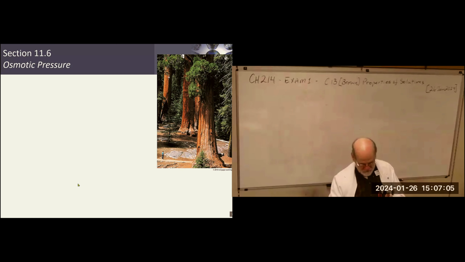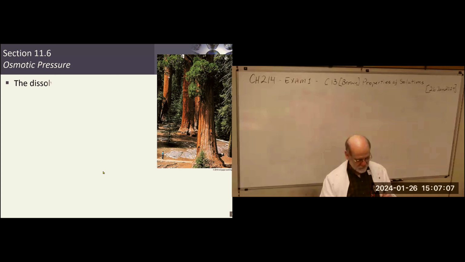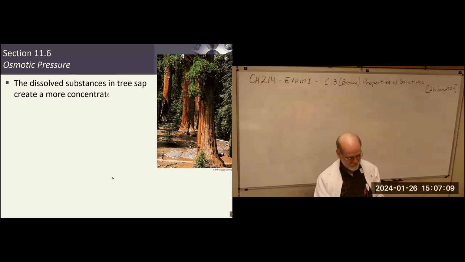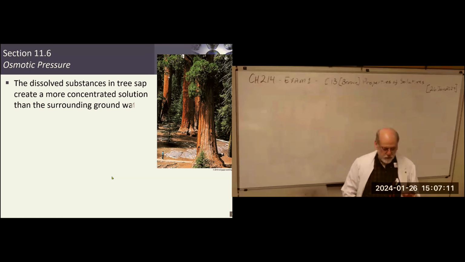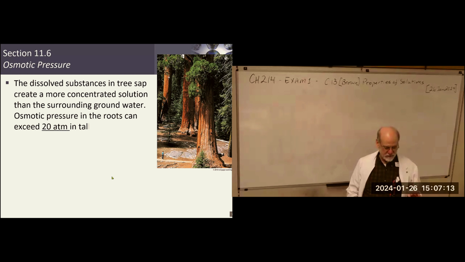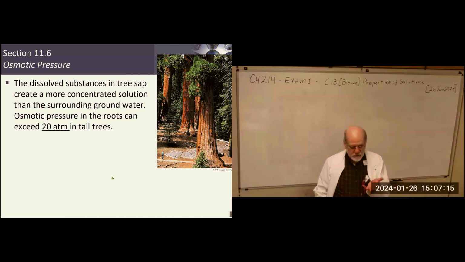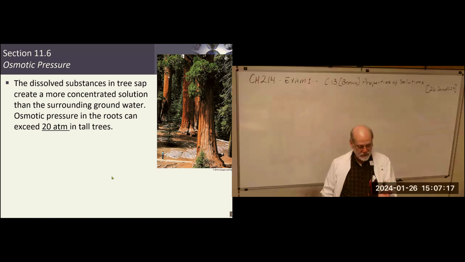So this is where I went with this problem. In the roots of these trees, the dissolved solids in their sap is sufficiently high to produce an osmotic pressure in the roots of 20 atmospheres.